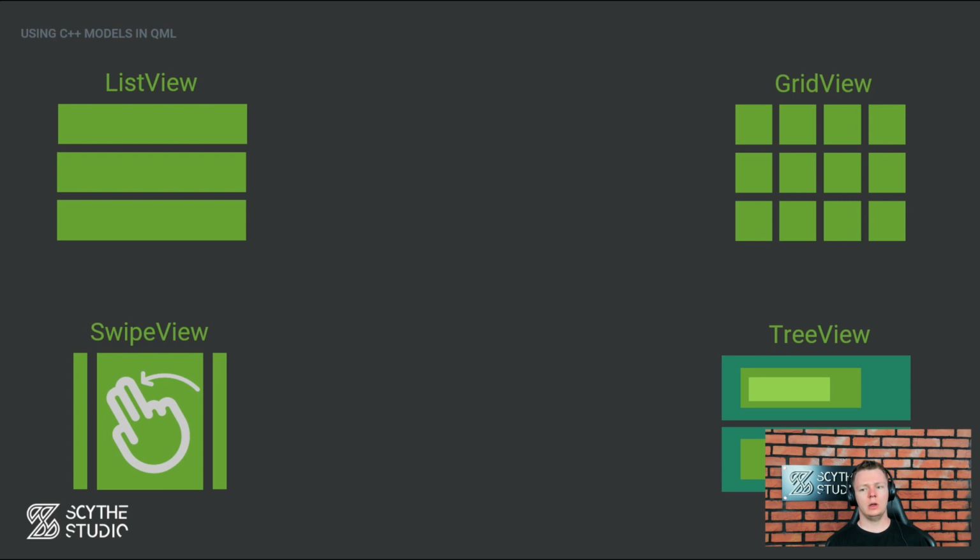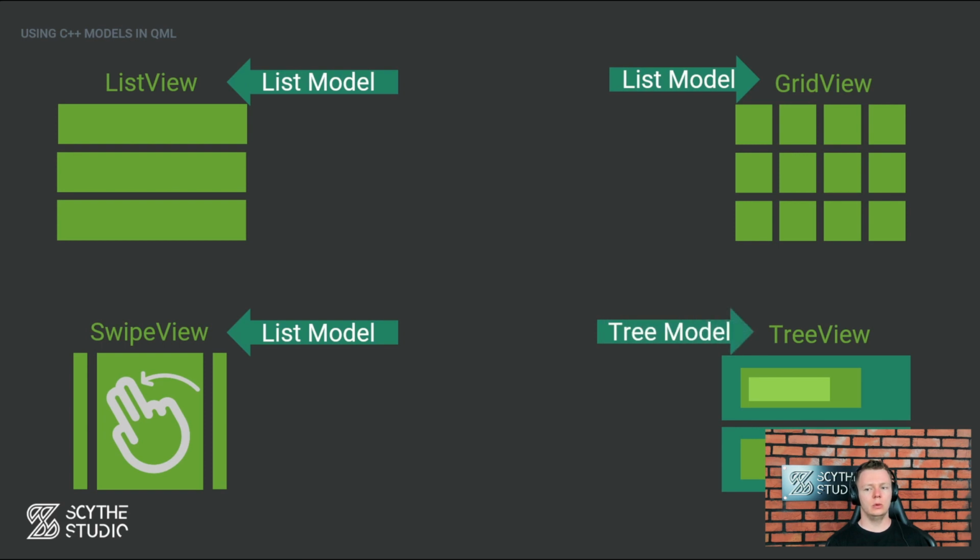Views require a model property to be set, and that's exactly what you will do to connect model and view. Do you remember how we used a Repeater in one of the previous episodes? It's also using a model property. So here you could even set your own model.